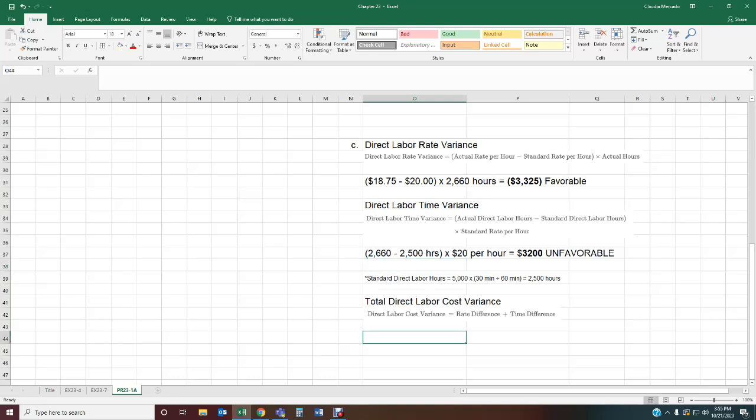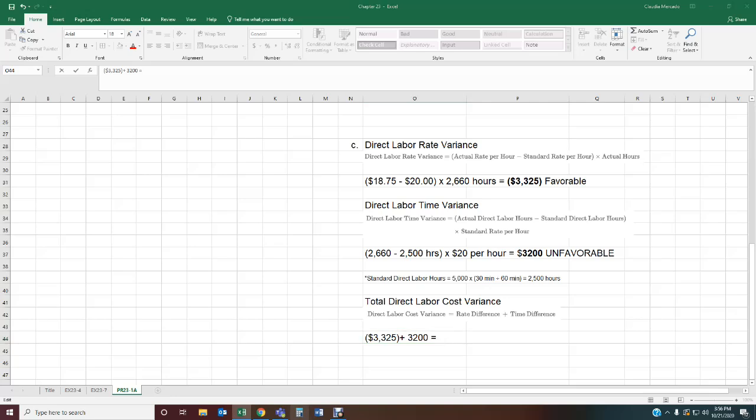So we're going to get whatever we calculated in the first part, which is the 3,325, and it's in parentheses, that's negative. Okay, and I'm going to add whatever we calculated in our time difference, which was 3,200 positive.